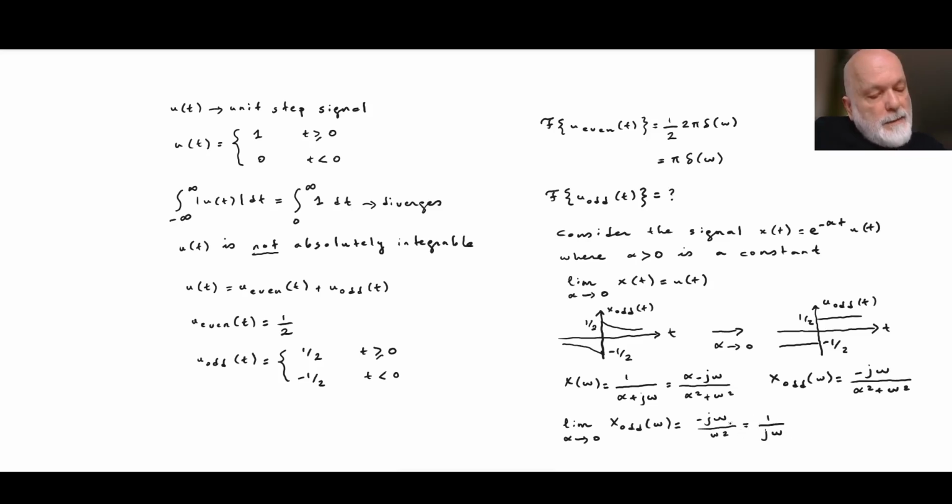So this is just the Fourier transform of the odd part of u of t.